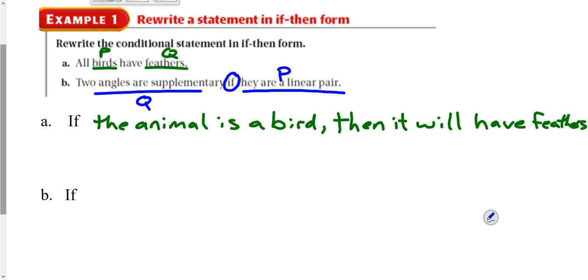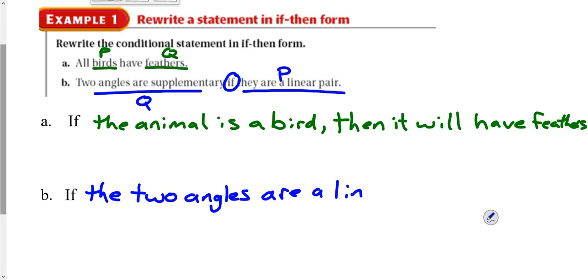So the if-then statement doesn't always have to be written with the if first. So we're going to have to switch these around. So to write it like this, we would say if the two angles are a linear pair, then they are supplementary.